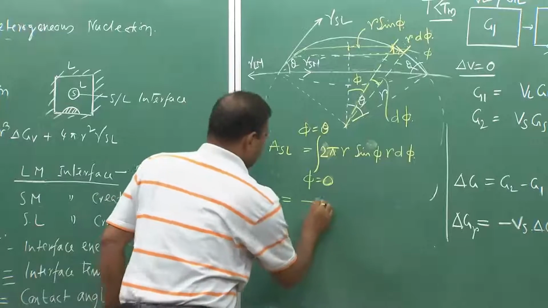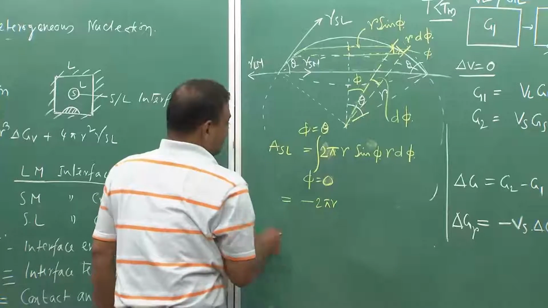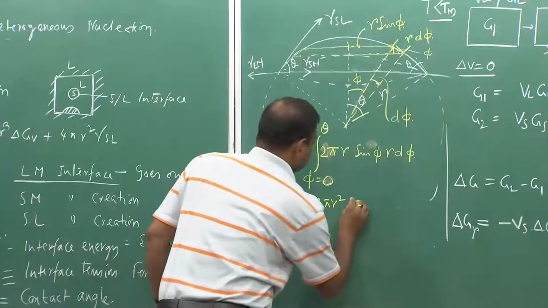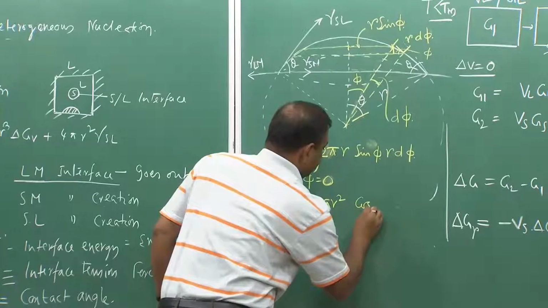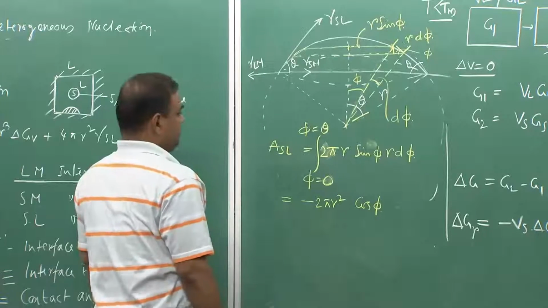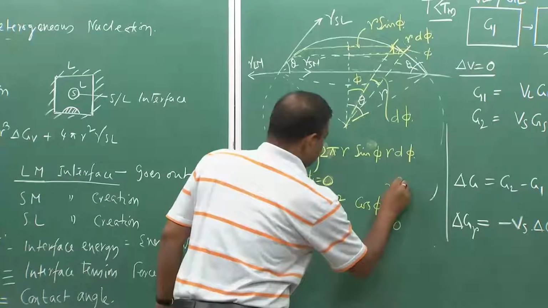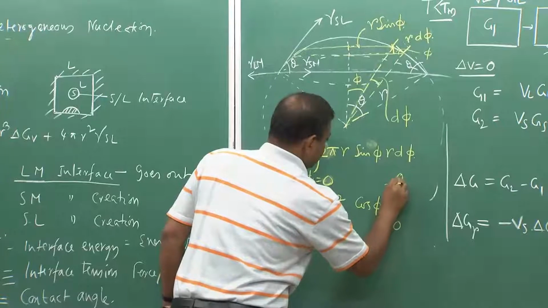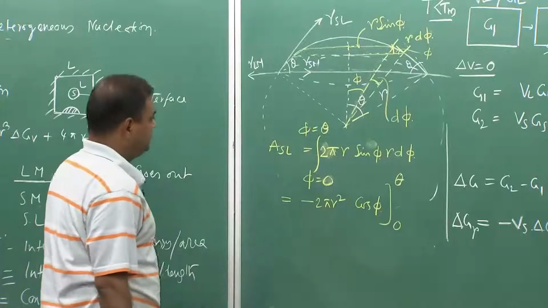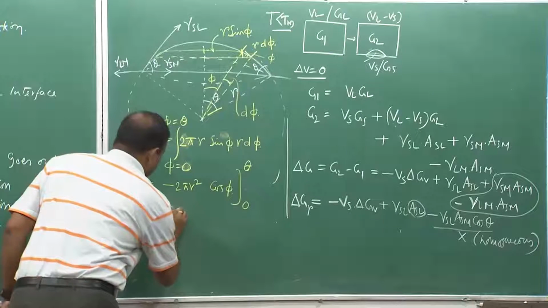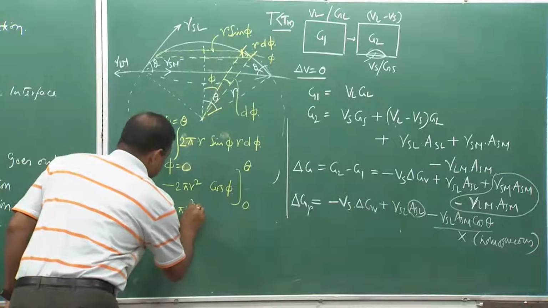minus 2 pi r square, cos phi, from 0 to theta, and then it becomes 2 pi r square.